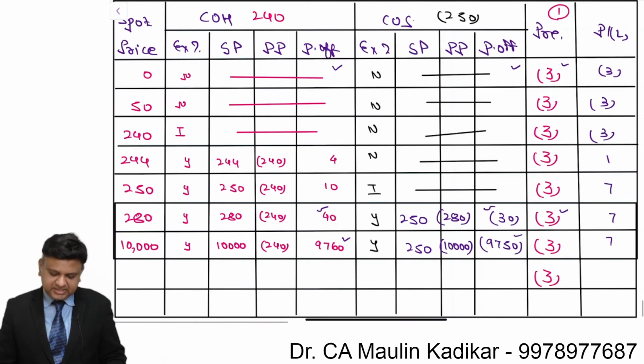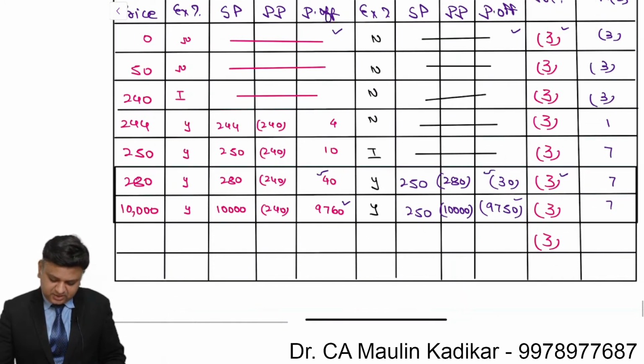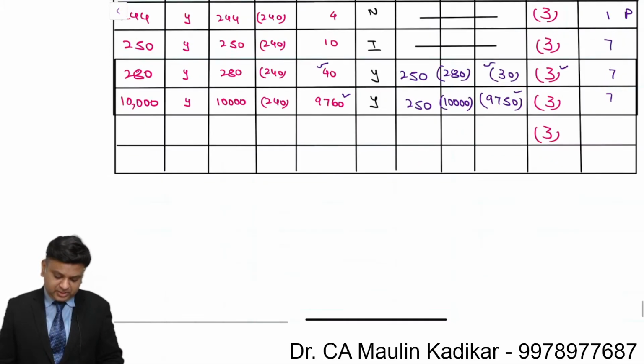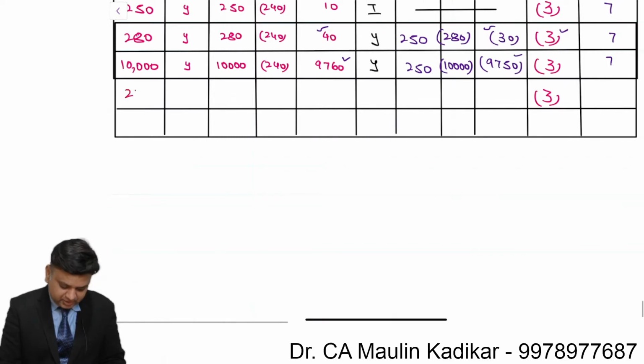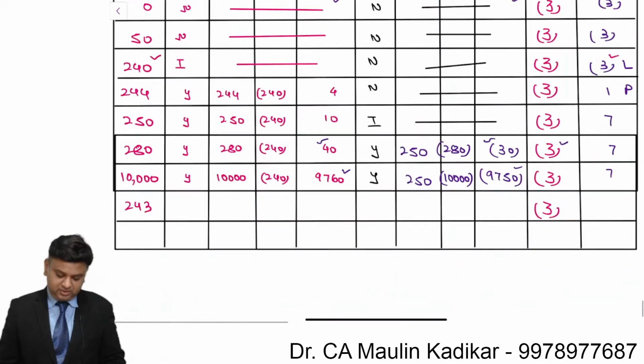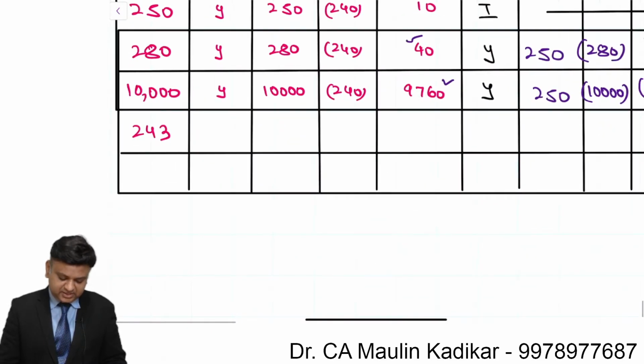So we understand that as far as the break-even point is concerned, it is between this loss and the profit. At 240 rupees, there is a loss of rupees 3. So that 3 rupees is added to 240 and it comes to 243. 243 is exceeding 240, so what will happen? You will exercise your right.